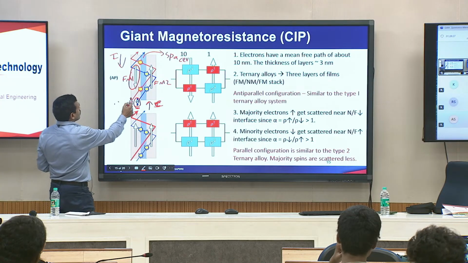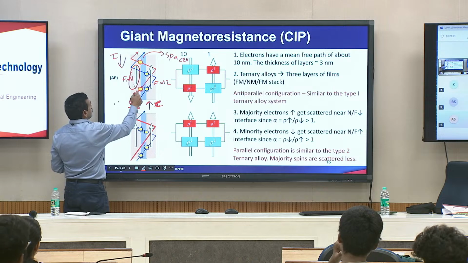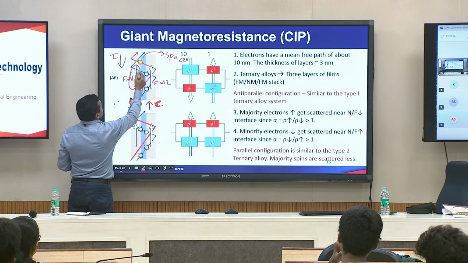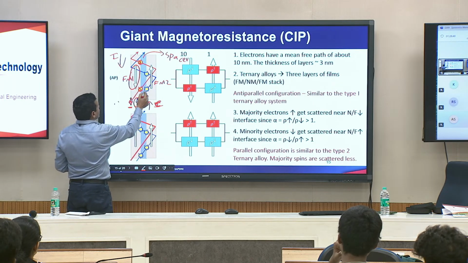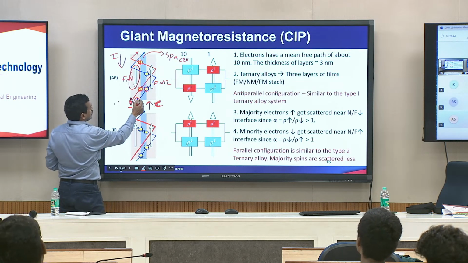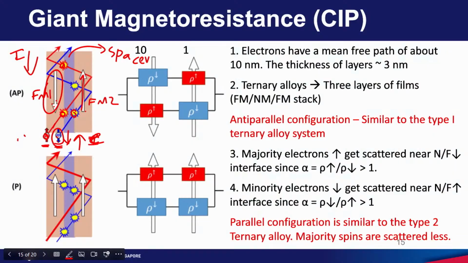Okay. So, you have two types of electron, this electron is majority here, but it is minority here. So, it will get scattered here, this electron will get scattered here again. Whereas, this blue electron will get scattered here because it is minority in this configuration. You see that this magnetization is like this. Okay.